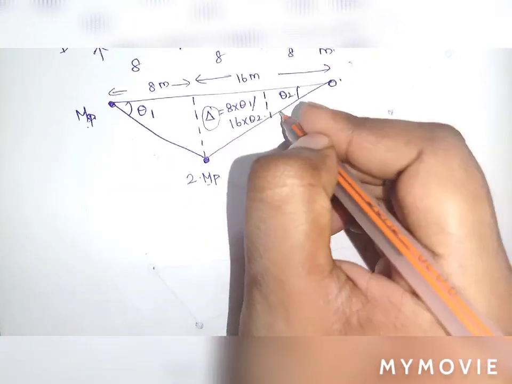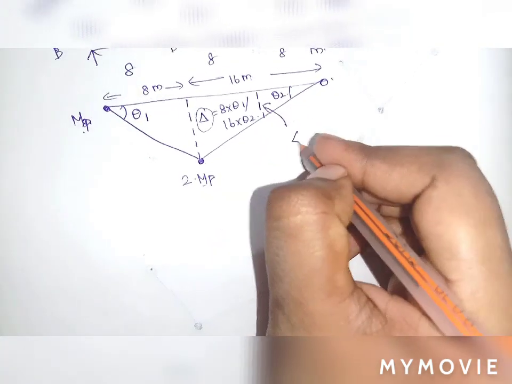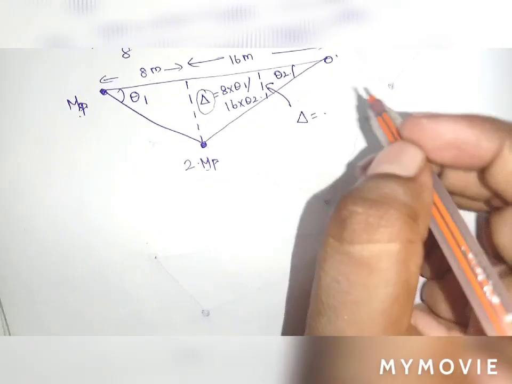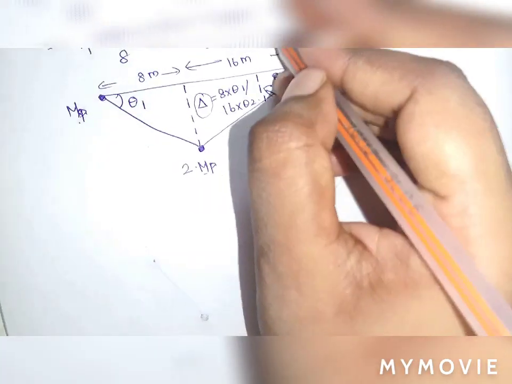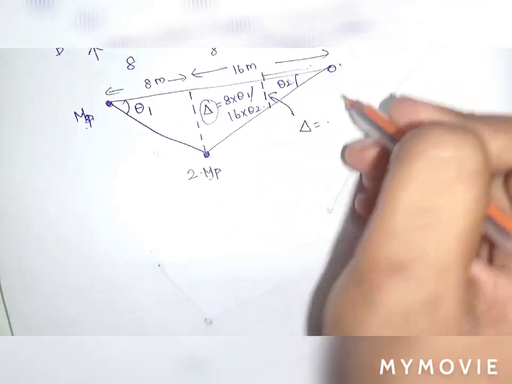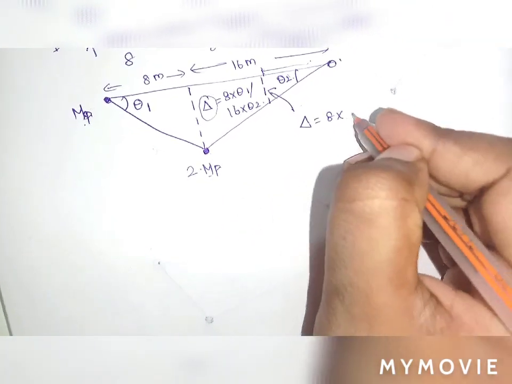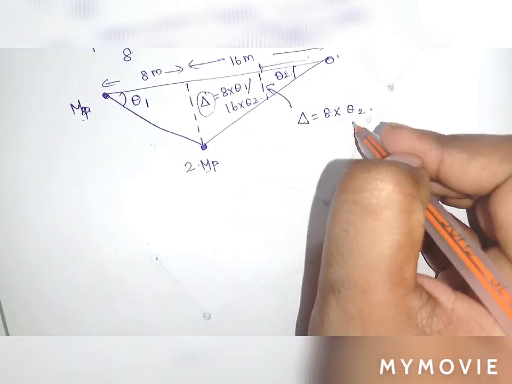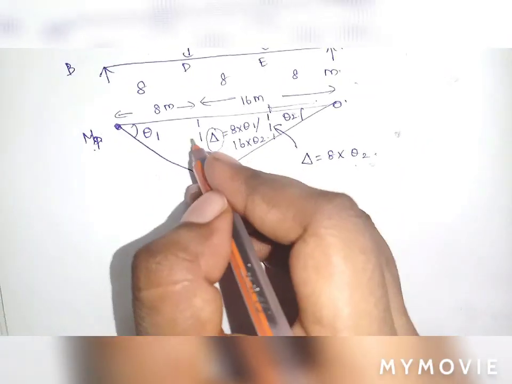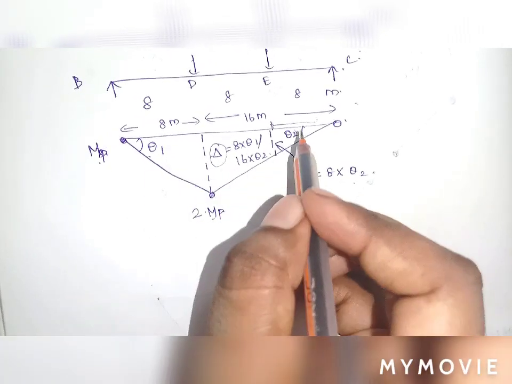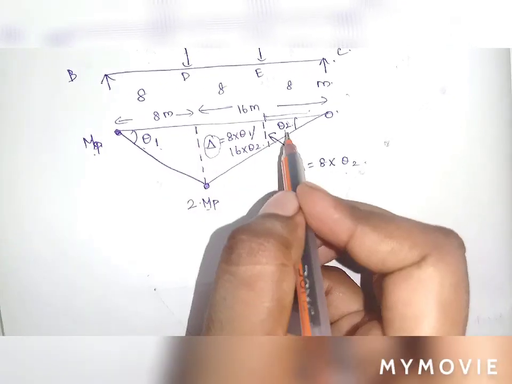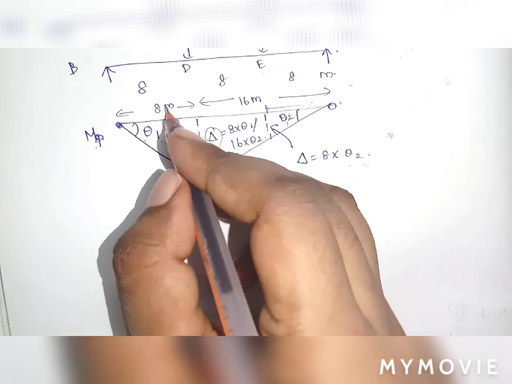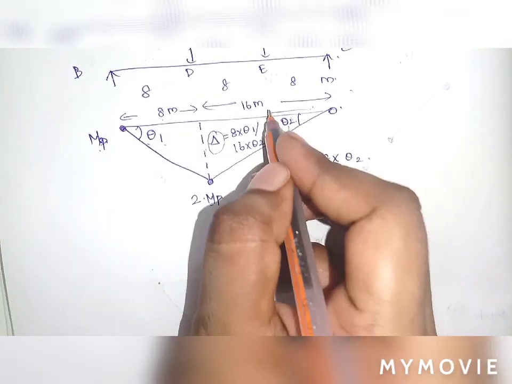So there is a delta at E point also. So here the delta is equal to, simply we can say it is equal to the distance. This distance is 8. 8 into theta 2. At this point the delta is equal to 8 into theta 2. At this point, both the angles, we can calculate it from both the ends.